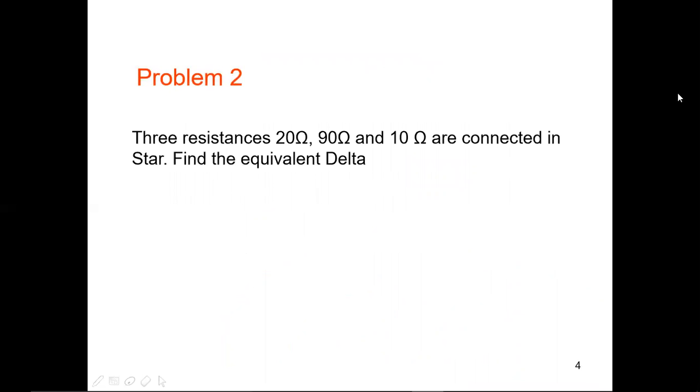Next, let me see problem number 2. Here he has given three different values of resistance, 20, 90, and 10, connected in star. Let me draw the star. Let me write these respectively in clockwise mode: 20, 90.